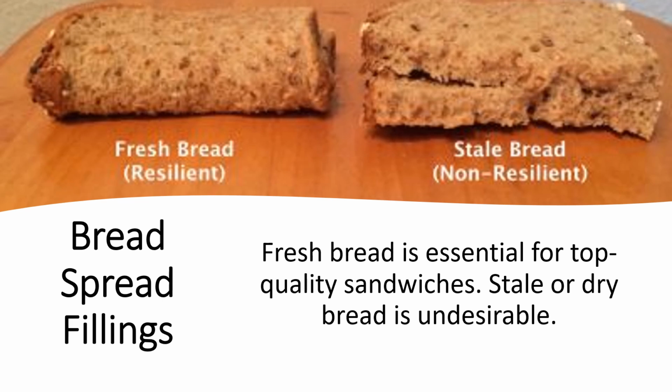Keep bread tightly wrapped in moisture-proof wrapping until it is used. This prevents drying and guards against absorption of odors. Number 3, French bread and other hard-crusted breads should not be wrapped, or the crust will soften.